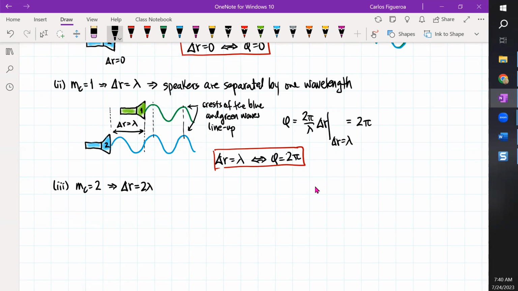So then if I look at my green, let's say that it's over here now, and then I look at my blue.